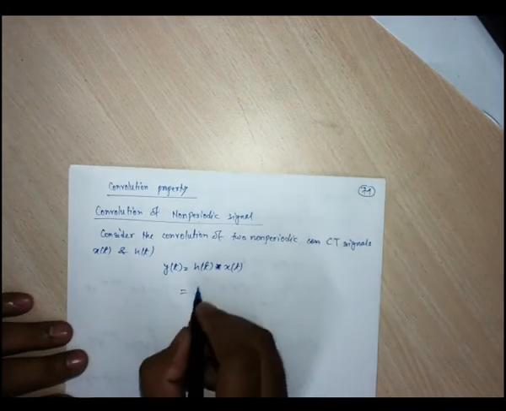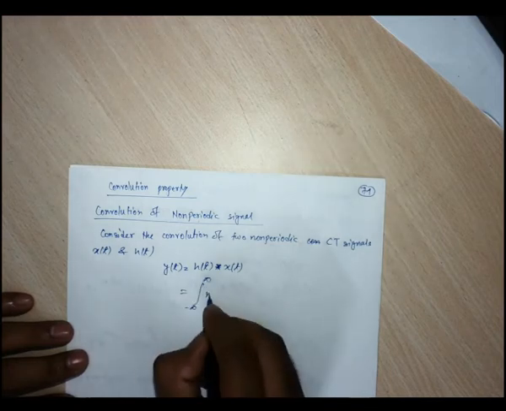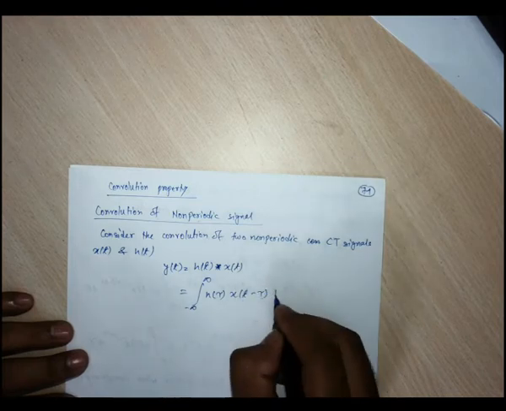So this will become the integral from minus infinity to infinity of h of tau x of t minus tau d tau, right?